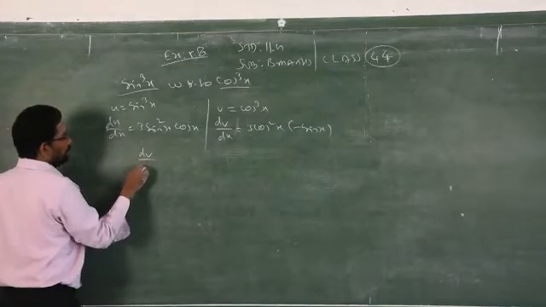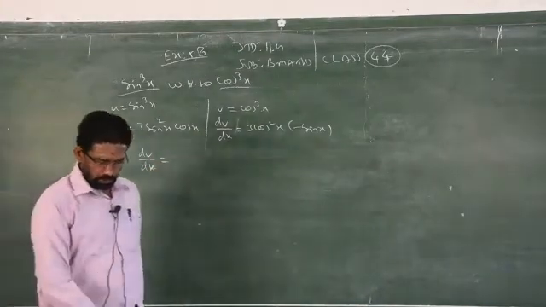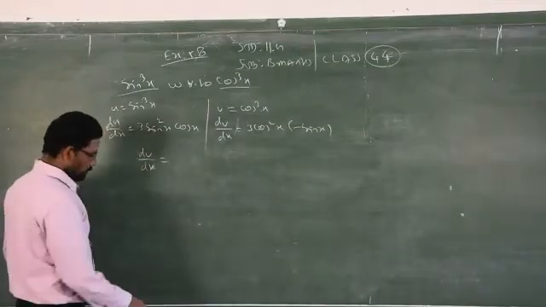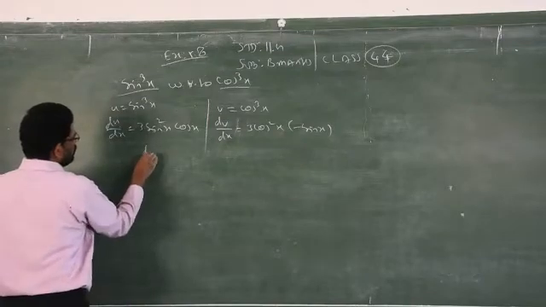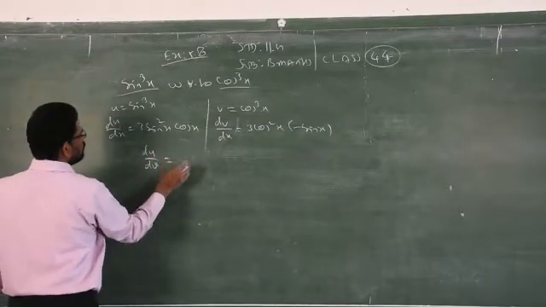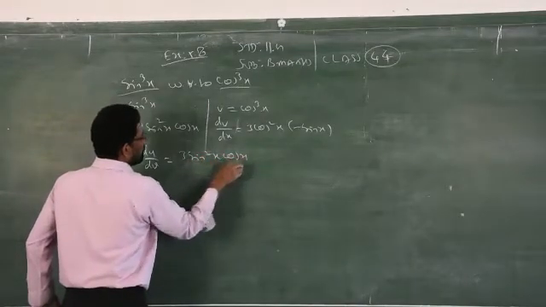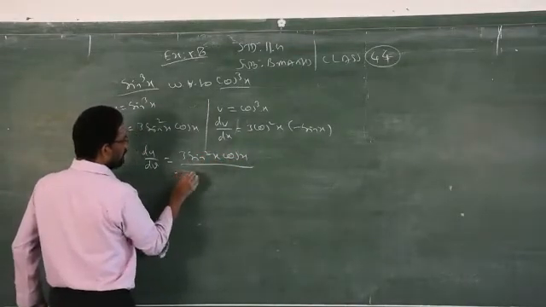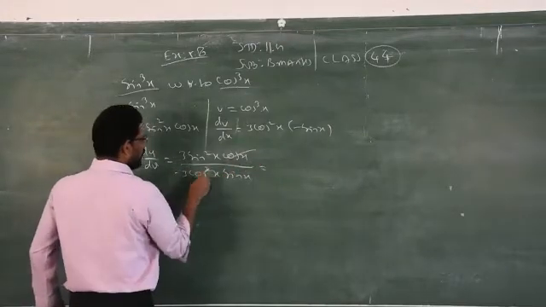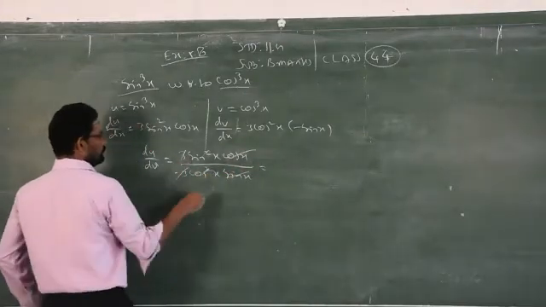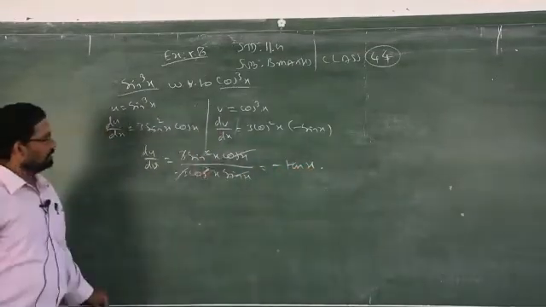So du by dv is equal to 3 sin square x cos x by minus 3 cos square x sin x. Simplify, you will get minus, what is that? Sin by cos, tan x.